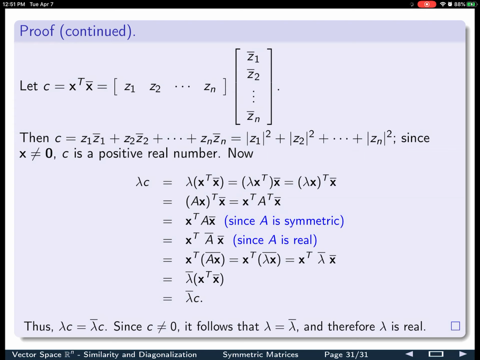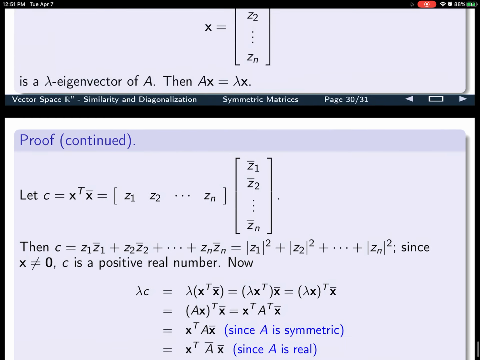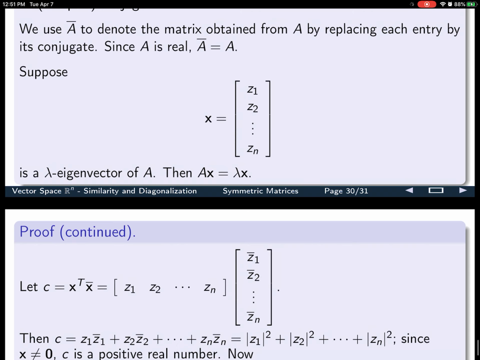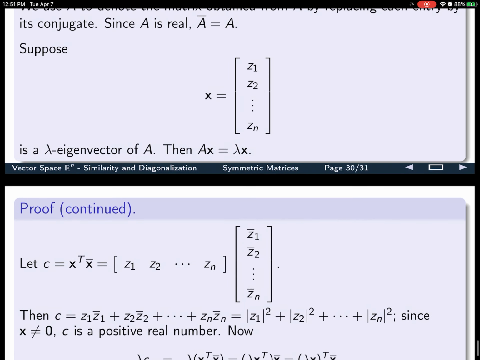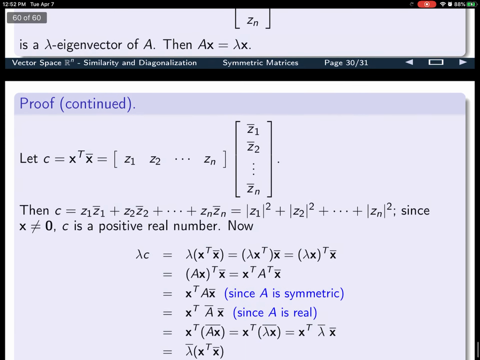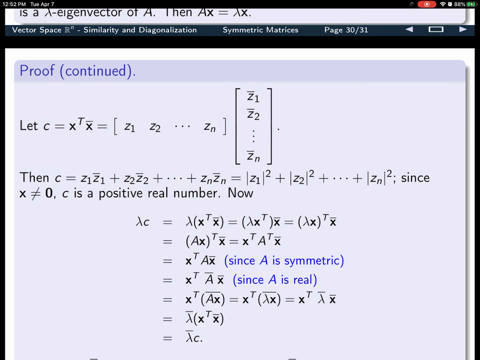Anyways, if we're looking at x as a complex valued vector, this really is finding the length of that vector in a complex context.